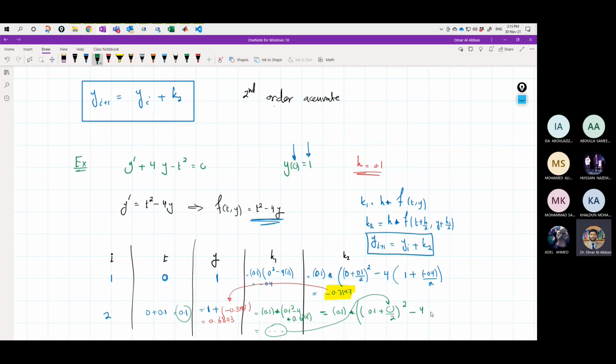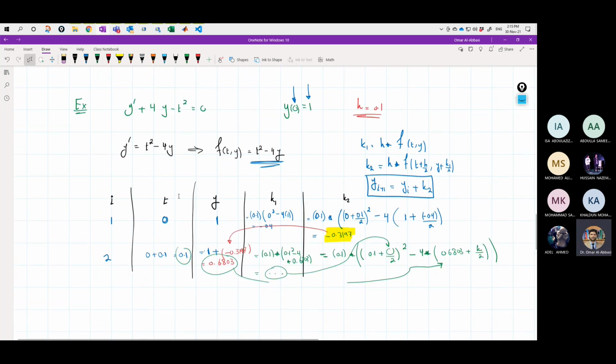Minus 4 times Y. What is Y? You replace Y by this Y, 0.6803 plus K1 over 2. We haven't calculated K1 over 2, and that is K2.